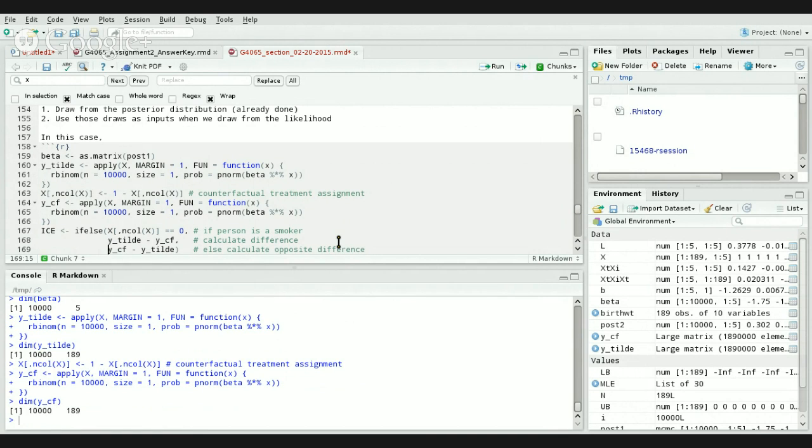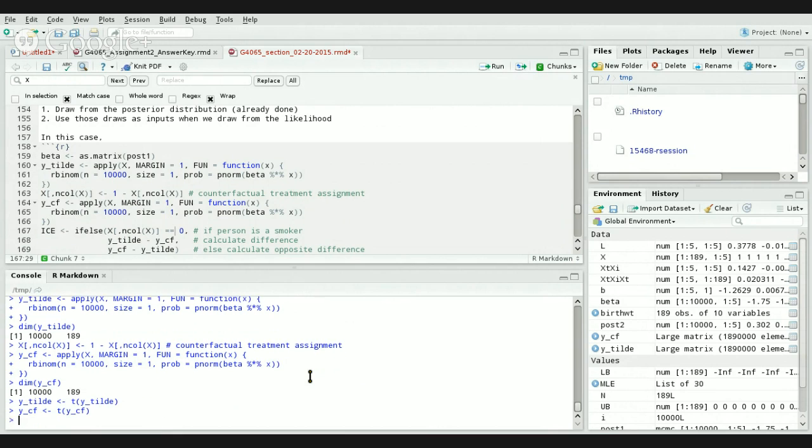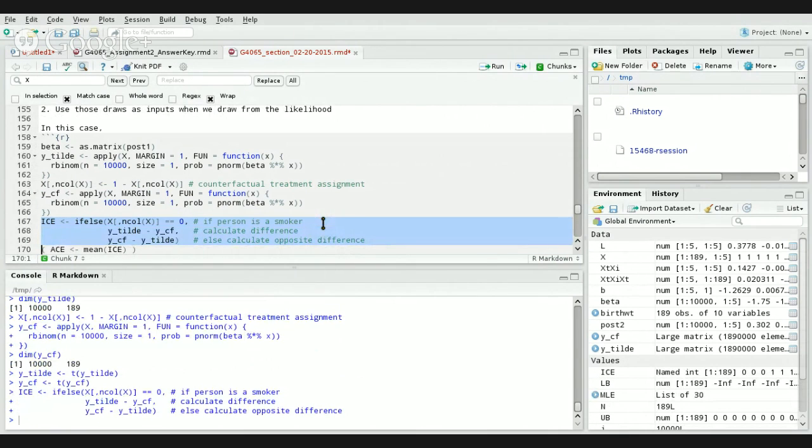And the individual causal effect for the other people is going to be YCF minus Y tilde, although I think my dimensions are going to be off. I want to make this transposed. Now, you can calculate those individual causal effects. We have a distribution of those.